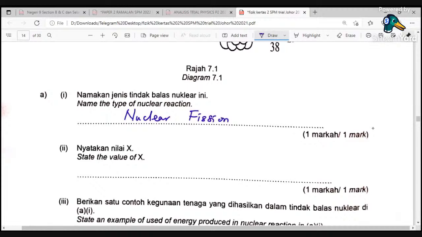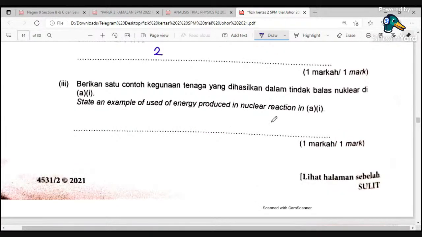It's about the splitting of a heavier nucleus to produce lighter ones. State the value of X, just state only.